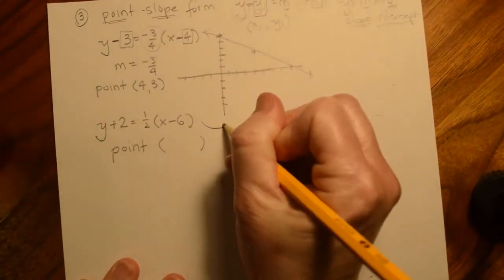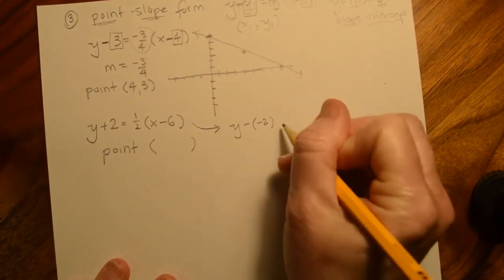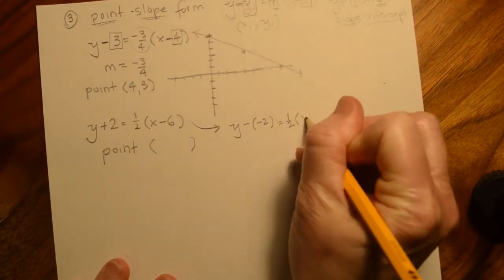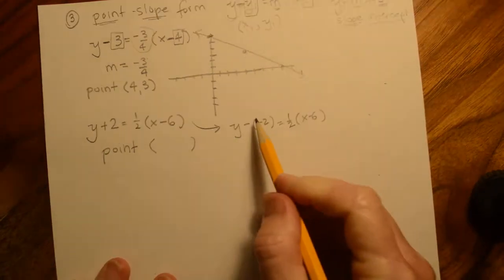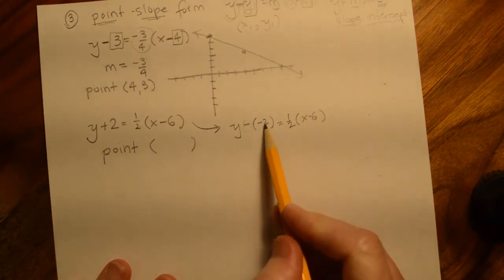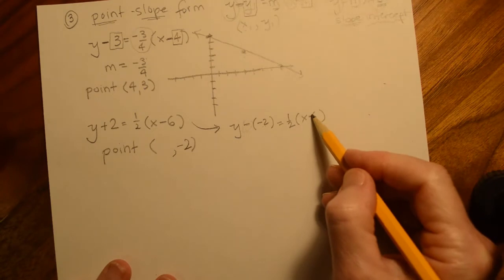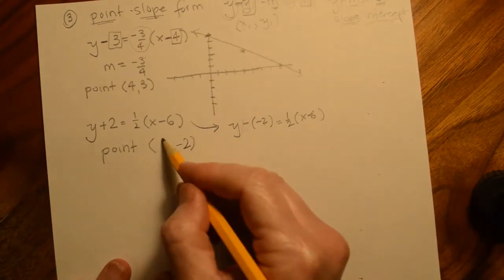Hopefully you could see that we could rewrite this as y minus a negative 2 equals 1/2 x minus 6. Then that puts a subtraction sign back in there, and that would make our y coordinate negative 2.